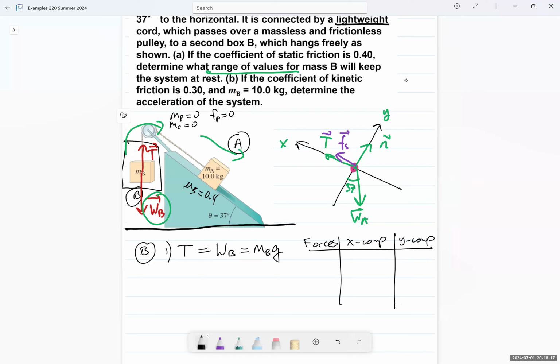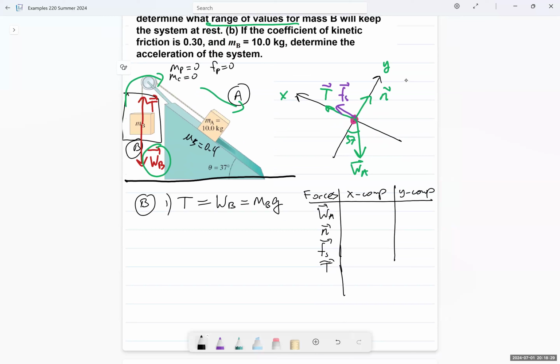All right, so let's start with weight of A. Then we have normal force, then static friction, and then tension. Net force. Again, we are assuming we're still in equilibrium.